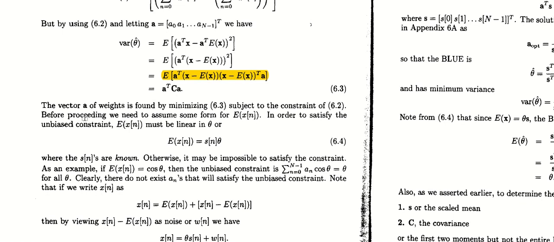Before proceeding, we need to assume some form for expect of x. In order to satisfy the unbiased constraint, expect of x must be linear in theta, that is, expect of x equals s times theta, where s_n are known. Otherwise, it may be impossible to satisfy the constraint.